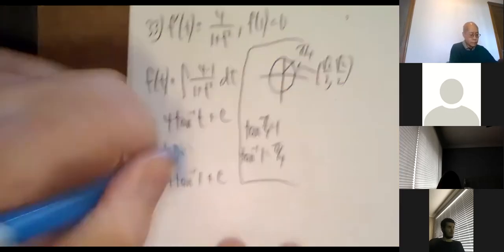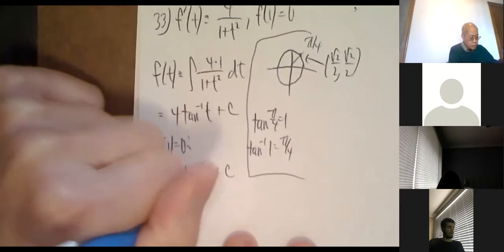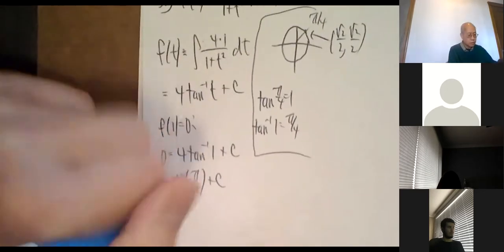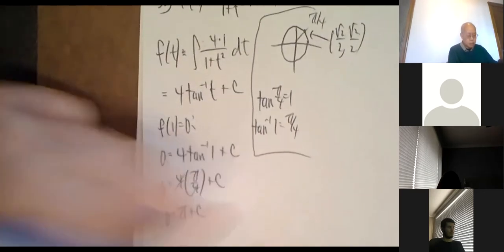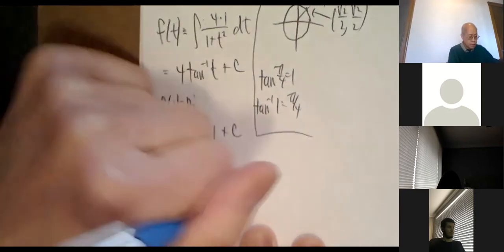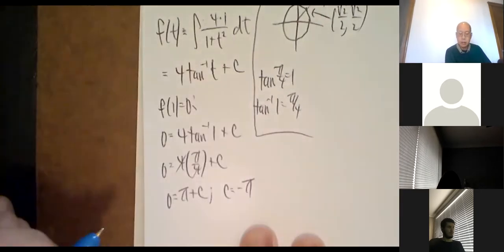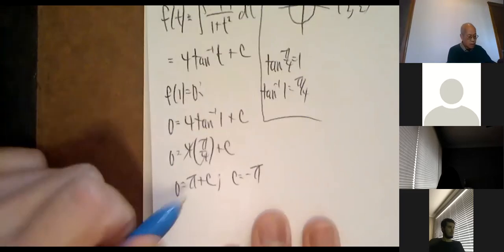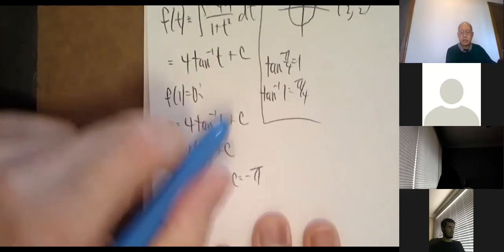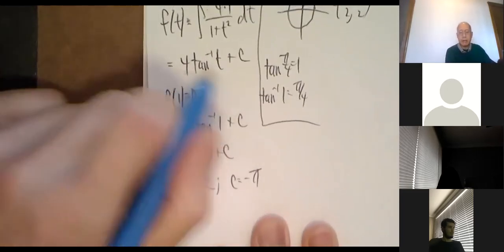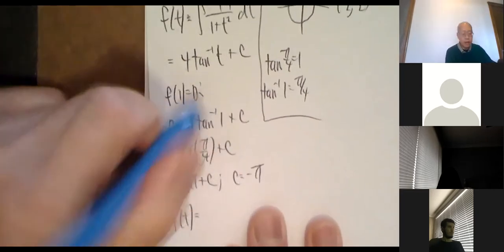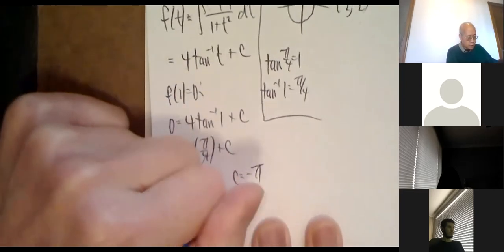So 0 is 4 times pi over 4 plus C. Cancel, cancel. 0 equals pi plus C. Subtract pi, so C is equal to negative pi. Just plug that back in. So instead of blah, blah, blah plus C, it's blah, blah, blah minus pi. The function f of t I can now write as 4 inverse tangent of t minus pi.